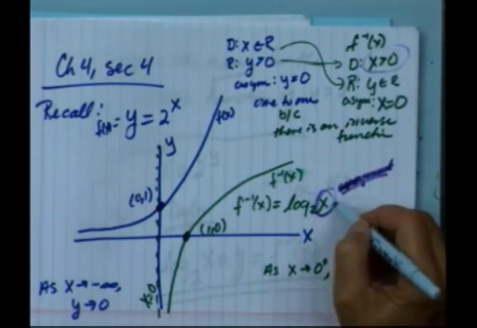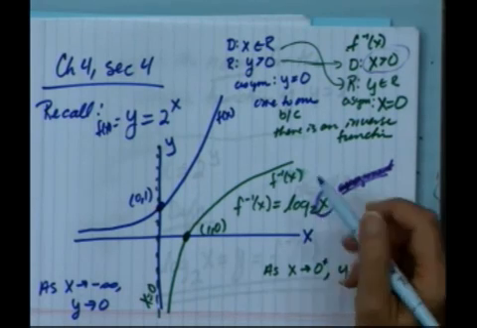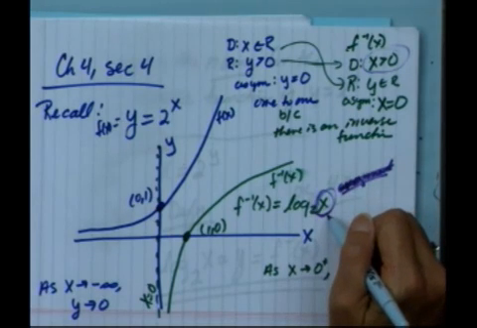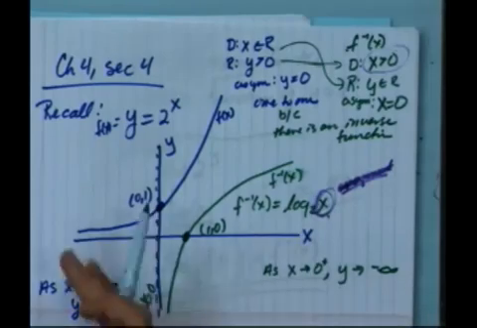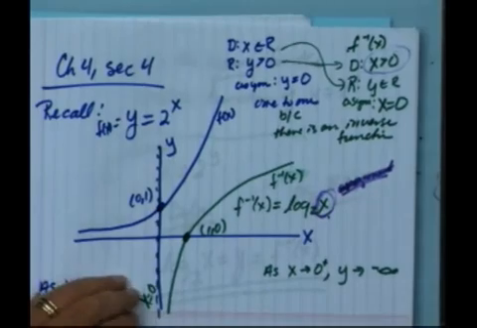This x value here is always greater than 0. So when you're looking for a domain, whatever your argument is, that argument must be greater than 0. If you punch in your calculator log of a negative number, you're going to get an error message. That's because your log of some argument has to be defined to be greater than 0, and that came from that part right there. Okay?